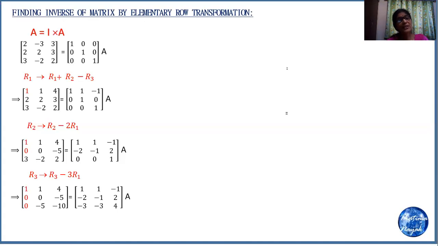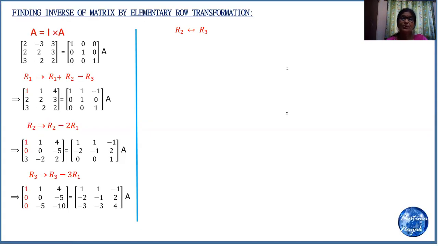Let us interchange R2 and R3. So R2 and R3 will change to take a number other than 0 to the middle position. So R2 will be changed to R3 and R3 will be changed to R2.